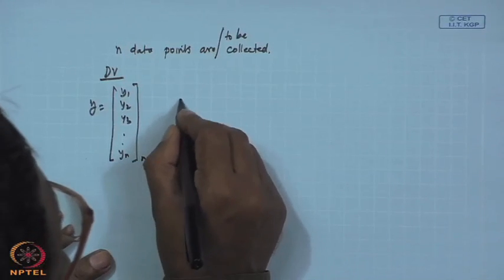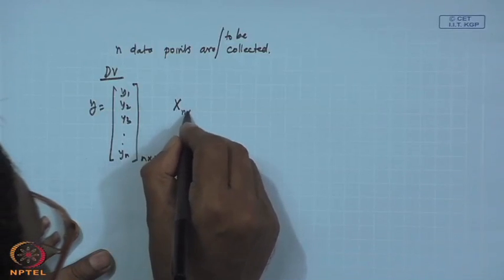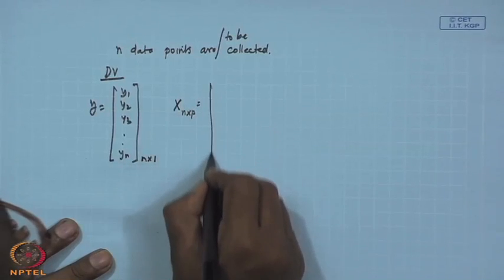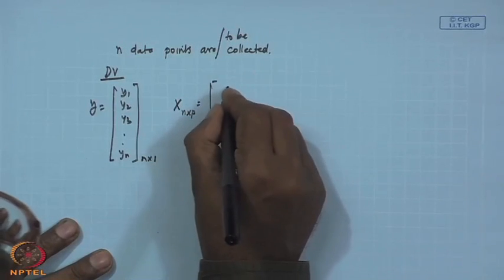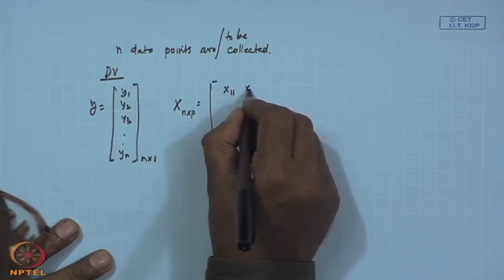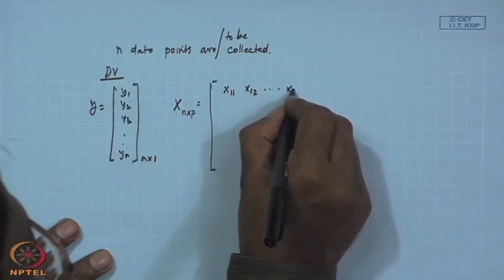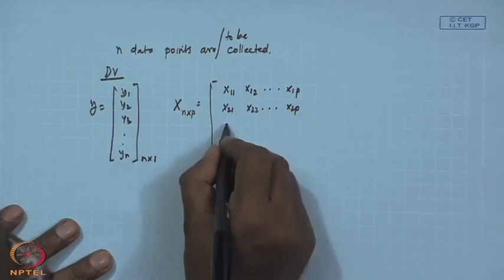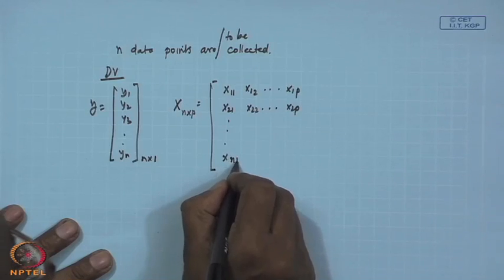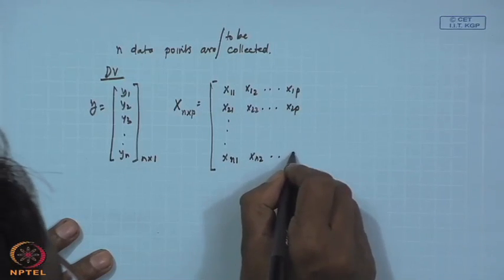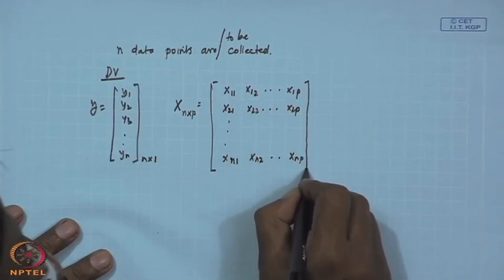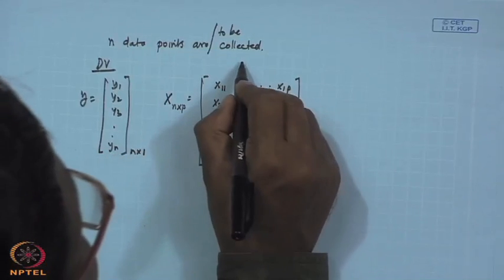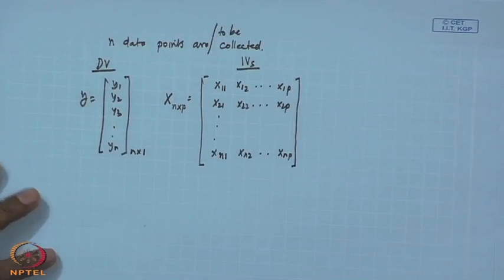Then you are collecting x, that will be n cross p. n is the number of observations, p is the number of variables. So, we will use here x11, x12, x1p, x21, x22, x2p, like this xn1, xn2 up to xnp. So, this is related to the IVs, these two sets of data you will collect.